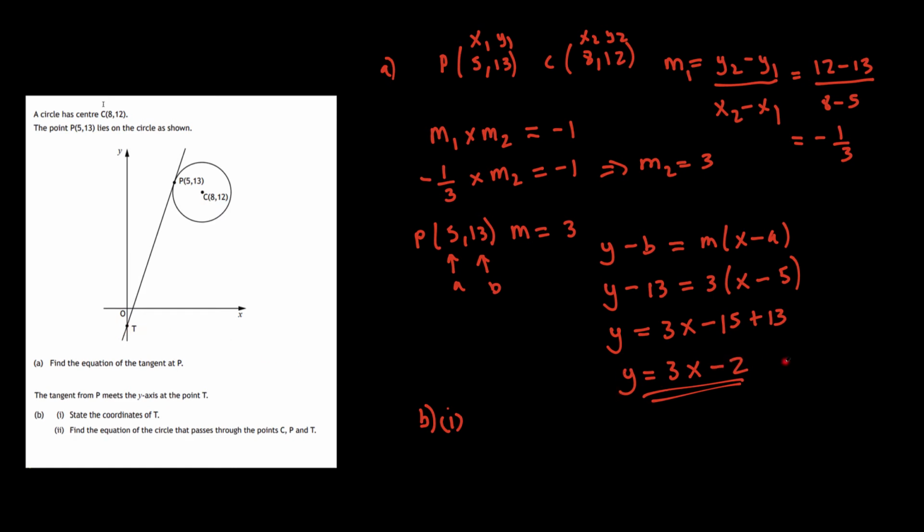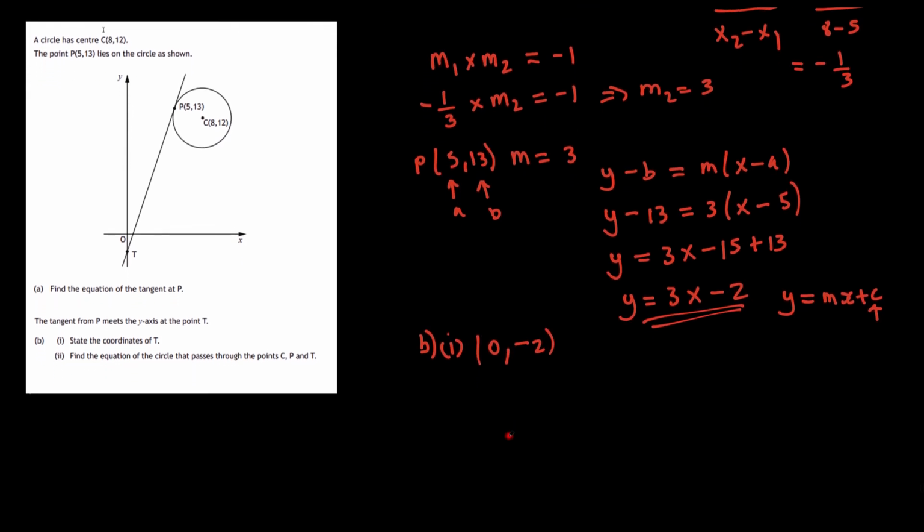We know the equation of the tangent is in the form mx plus c, and c is the y-intercept. So the point T is your y-intercept, and at that point, x is equal to 0. So that coordinate would be (0, minus 2).